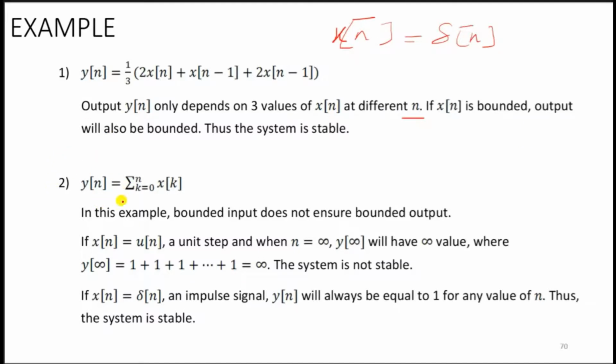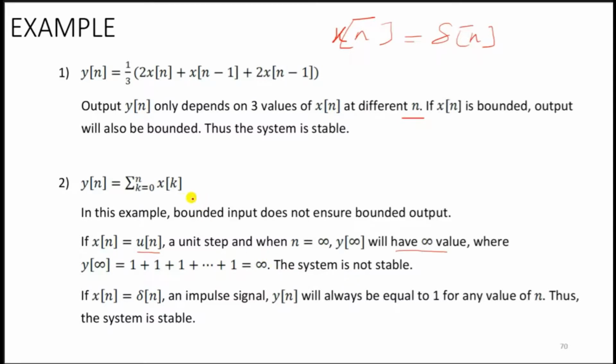Now, for this system, a bounded input does not ensure a bounded output. For instance, if x[n] is u[n], a unit step, and n is infinity, then y[infinity] will have an infinity value, where y[infinity] equals 1 plus 1 plus 1 until infinity, so the system is not stable.